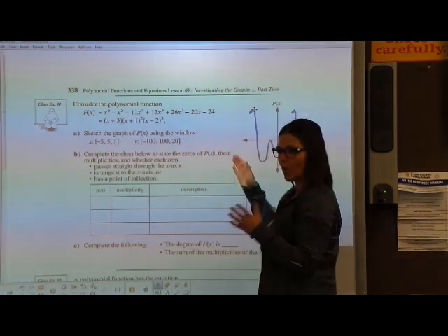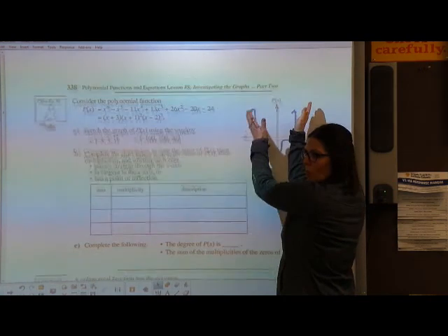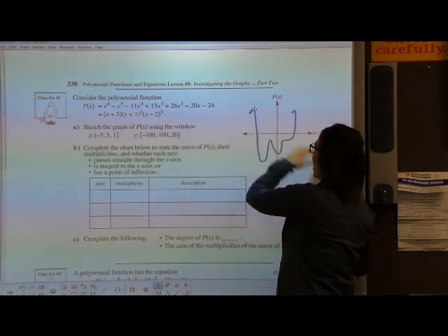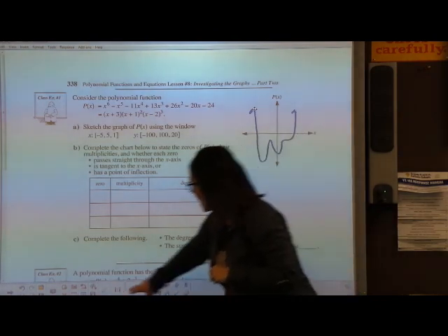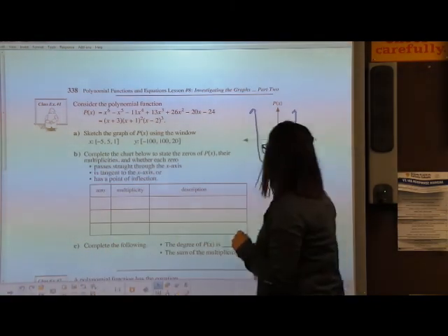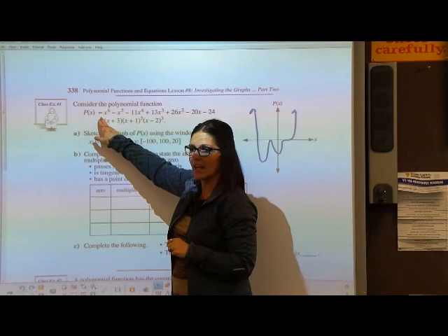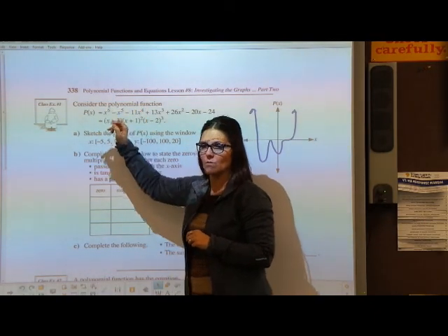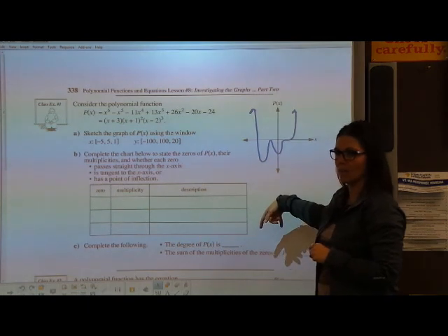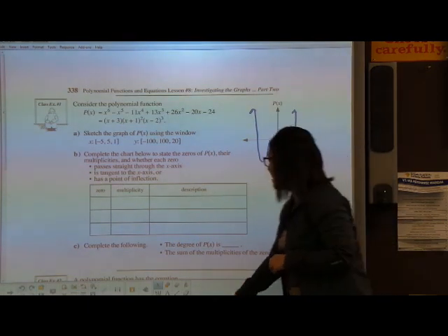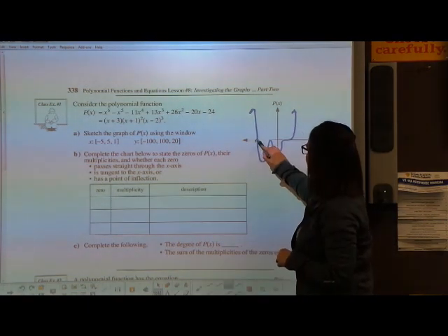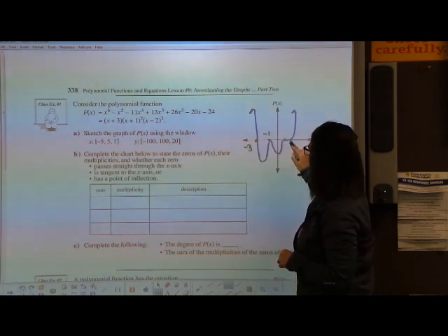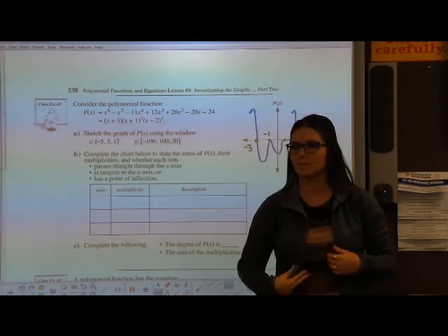And even degree polynomials, the right and the left arms always go in the same direction. So they either both go up or they both go down, based on the leading coefficient. The leading coefficient was positive, so they're both going to go up. If the leading coefficient was negative, they both would have gone down. Then I've got these zeros: -3, -1, and +2.